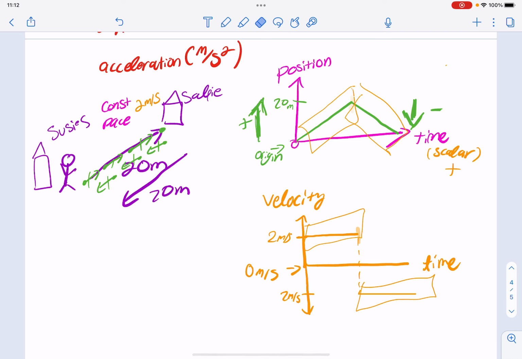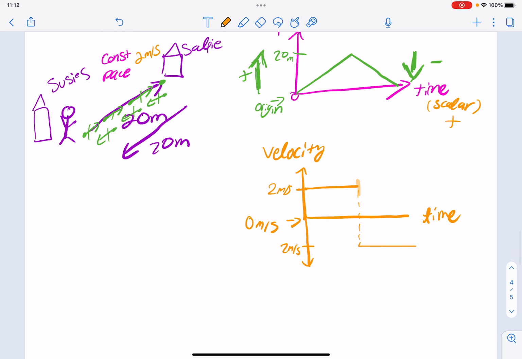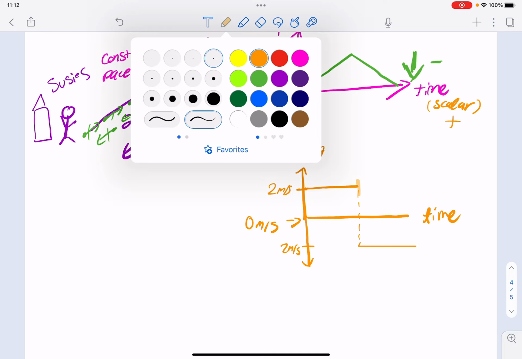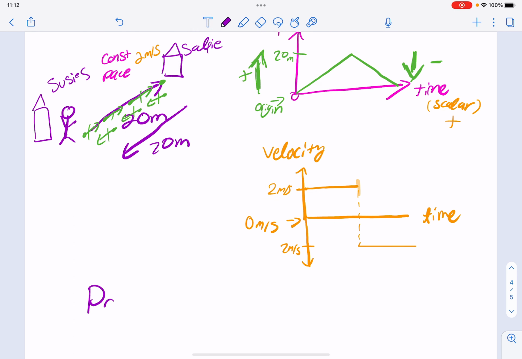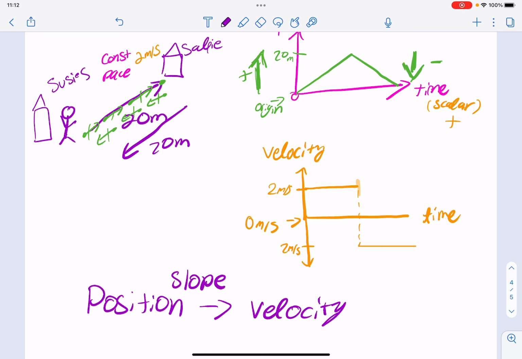That means that our position graph and our velocity graph are always directly related, because to get from our position to our velocity, we use our slope, right?